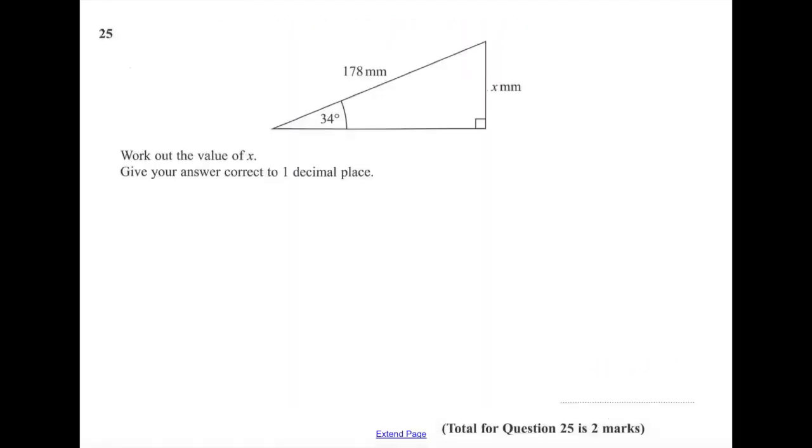Question 25. Work out the value of x. Give your answer correct to 1 decimal place. To calculate the value of x, we're going to use trigonometry. First thing we're going to do is label the sides of the right-angled triangle to decide what trigonometric function we're going to use. The side opposite the angle given to us is known as the opposite.